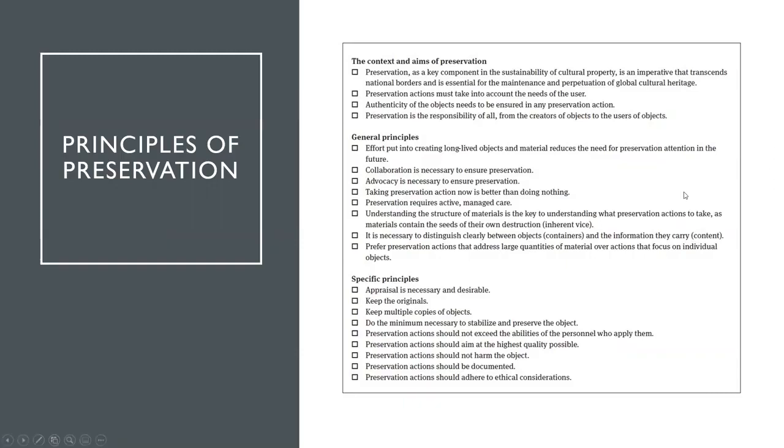Another one that I'll touch on is prefer preservation actions that address large quantities of materials over actions that focus on individual objects. So this is related to sustainability, which is an important consideration with all types of preservation. Ideally, your preservation solutions are ones that you can do to an entire hard drive of records, and not something that you have to go through and do record by record by record, because there could be thousands of records.